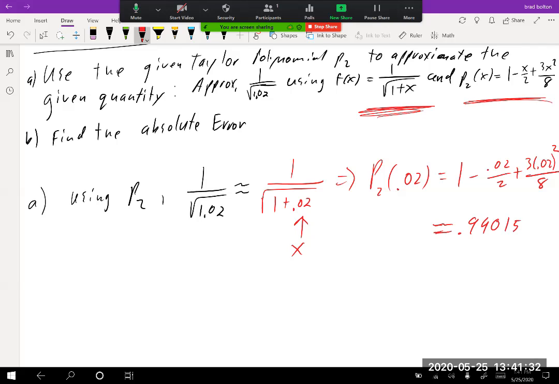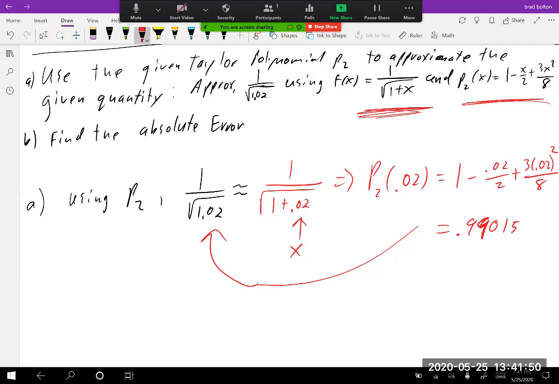Well, I get this exactly, but this is an approximation to that, right? I'm sorry, that is correct, to that. Okay, so I plug this in my homework, and it tells me that the answer is 0.99015. So this is my approximation to 1 over the square root of 1.02.